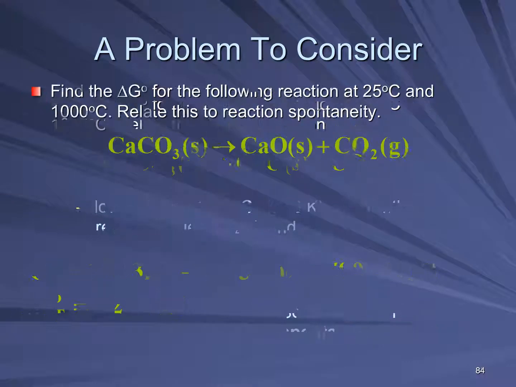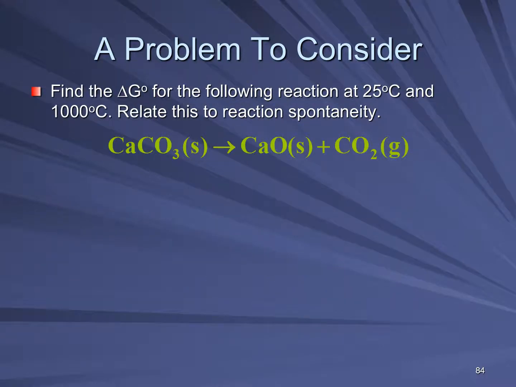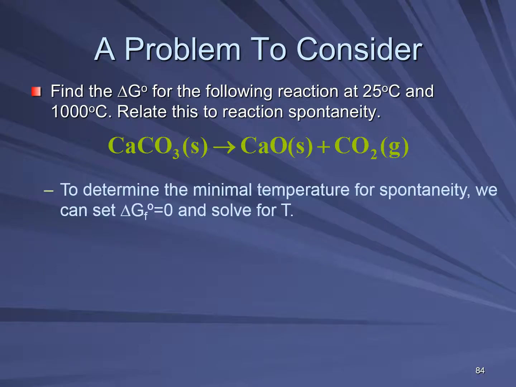So we can actually go one step further and find the temperature where this reaction changes from non-spontaneous to spontaneous. That is because delta G equal to 0 is that trade-off point, right? If we go from positive to negative, it has to go through 0. So if we find what temperature will make delta G 0, then we know where this change will occur.